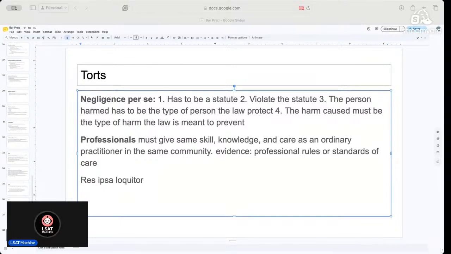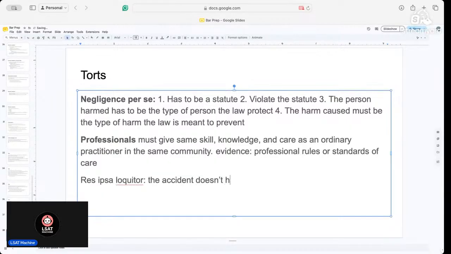Now let's look at how they explain it, because this flashcard's going to explain it better. Okay. So you need to prove the accident doesn't happen without negligence.